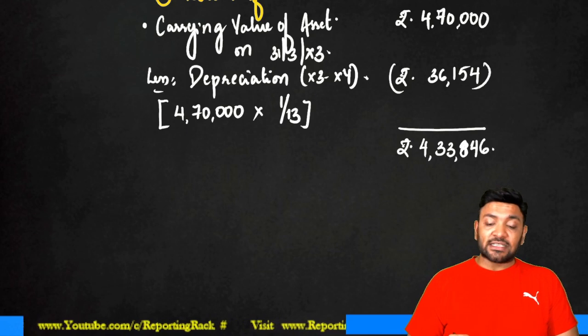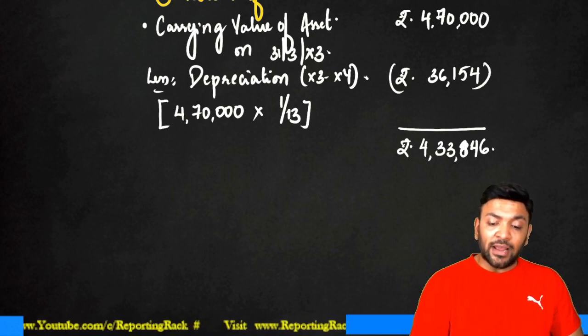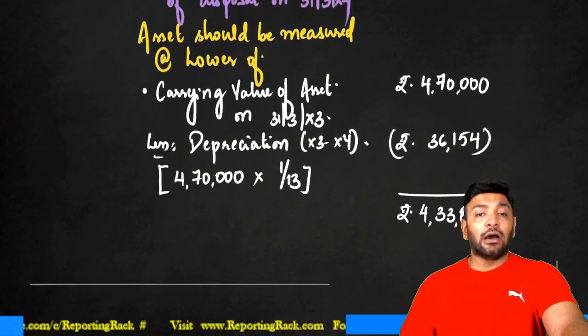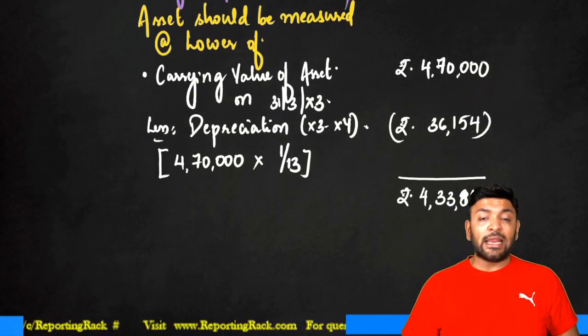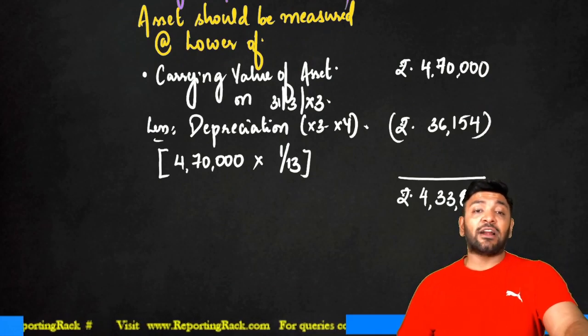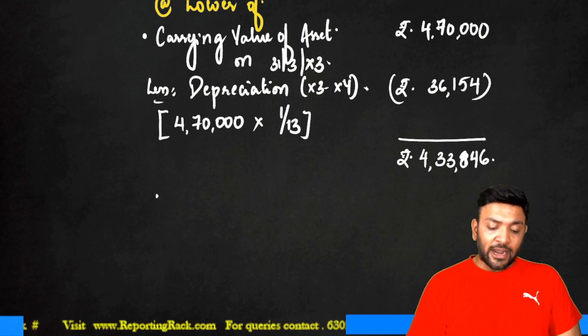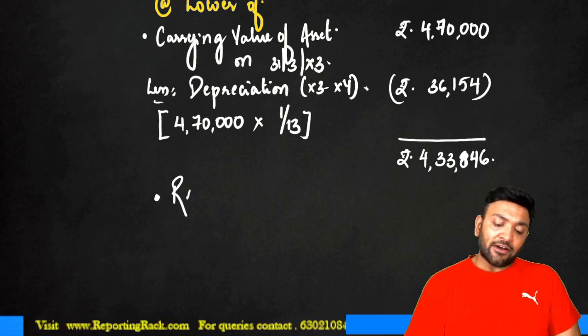This carrying value of the asset should be compared with the carrying value of the asset on the date of 31st March 2024, if it was not classified as IND AS 105 earlier, and with its recoverable amount.